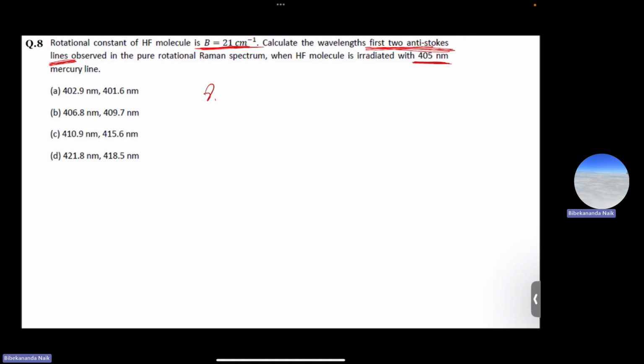The exciting line, that is the incident line, wave number will be 1 by 405 nanometer, which is 10 to the power 9 divided by 405, which will give 2469135.8 meter inverse. So this is the wave number of exciting light, that is with which the HF molecule is being irradiated.